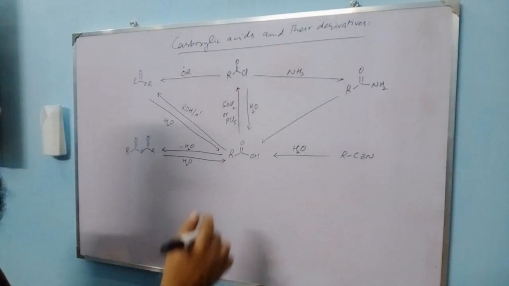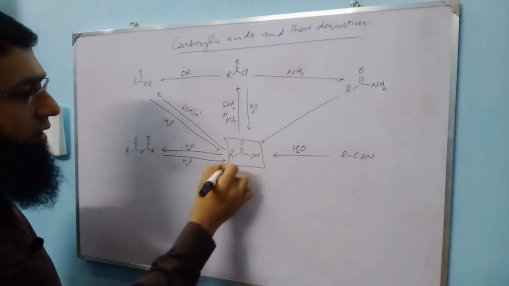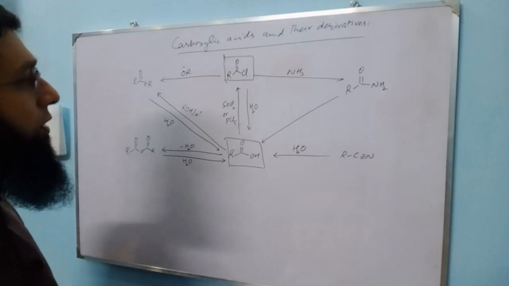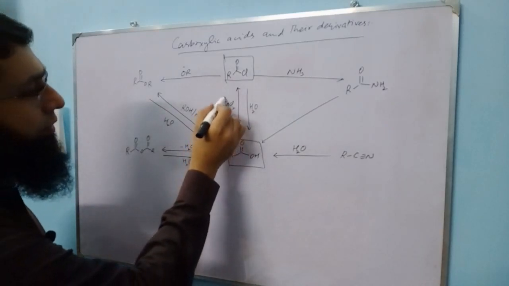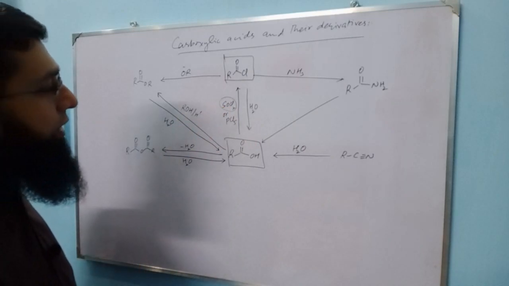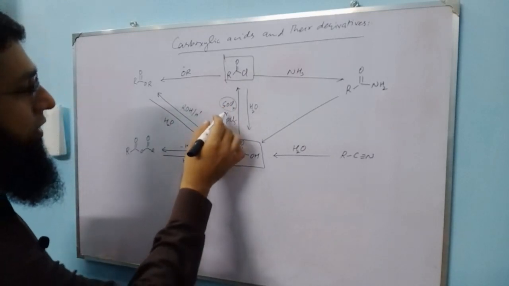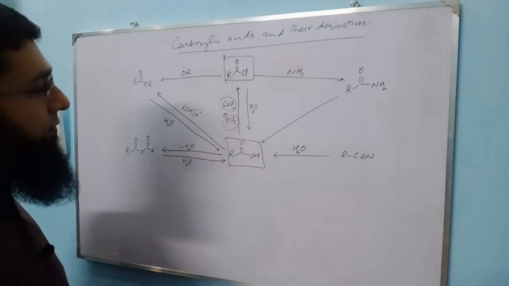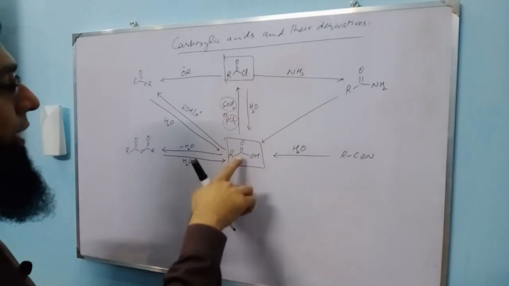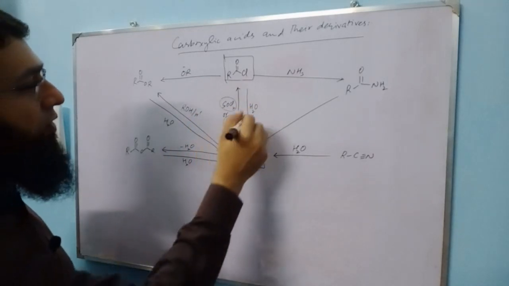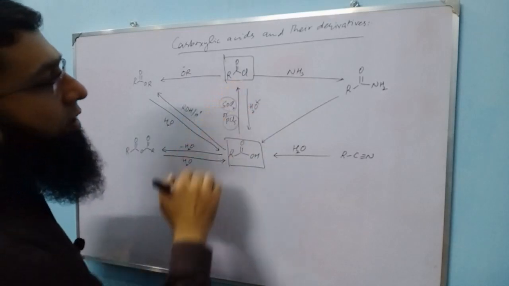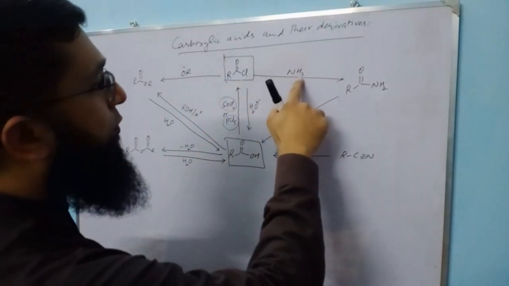For example, carboxylic acid can be converted to acid chloride, and this conversion can be brought about using thionyl chloride, and we can also use PCl5. This acid chloride can give back the carboxylic acid if it is hydrolyzed, and then this acid chloride can further be converted into amide using ammonia.